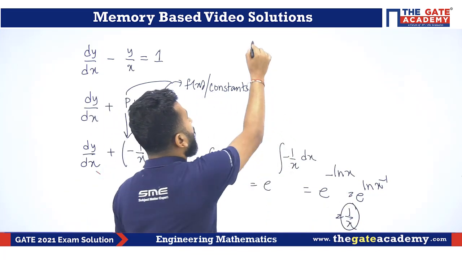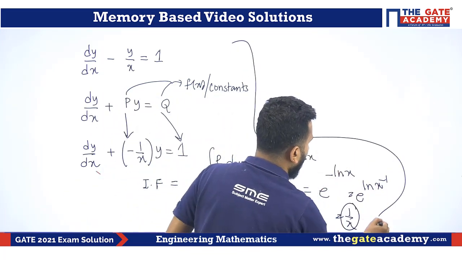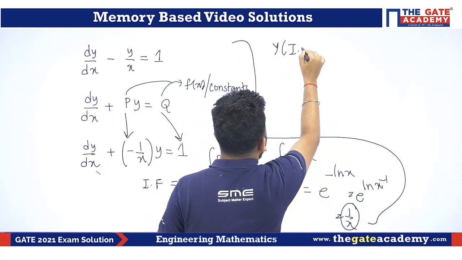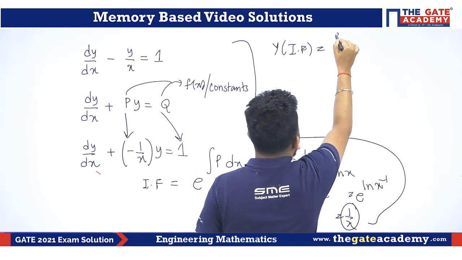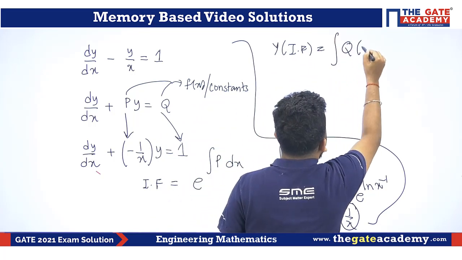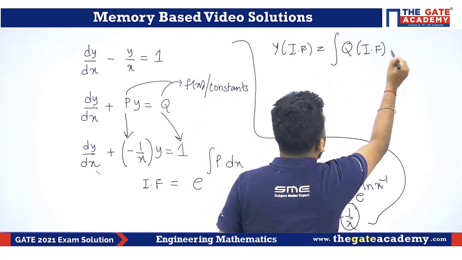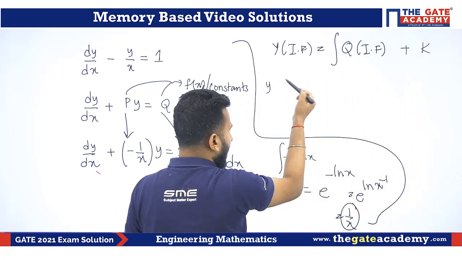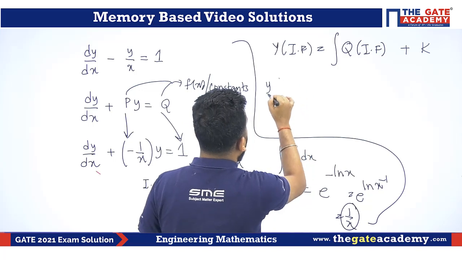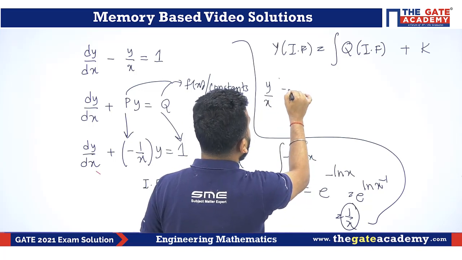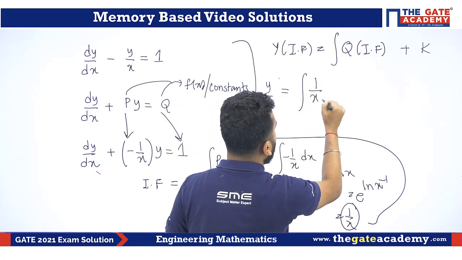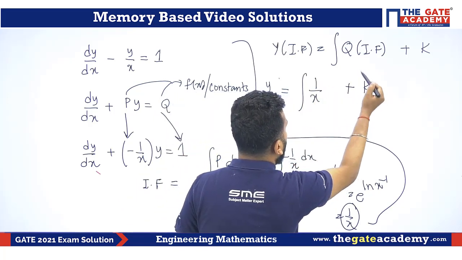What is the general solution? Let me write it over here. The general solution is y into integrating factor is equal to q into integrating factor plus a constant, let's say k. y into, what is the integrating factor? 1 by x. So let me write 1 by x is equal to 1, q is 1. So I will directly write 1 by x plus a constant k.